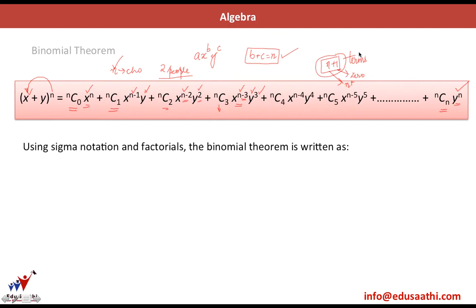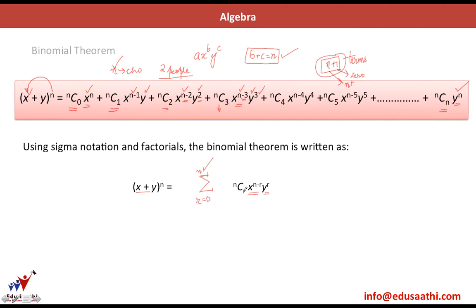So if I want to write the same theorem with the help of sigma notation and factorial, the binomial theorem can be written as: x plus y raised to power n would be written as the summation of nCr x raised to power n minus r, y raised to power r. r will vary from 0 to n. So I'll start with the value of r as 0 and move up till n.